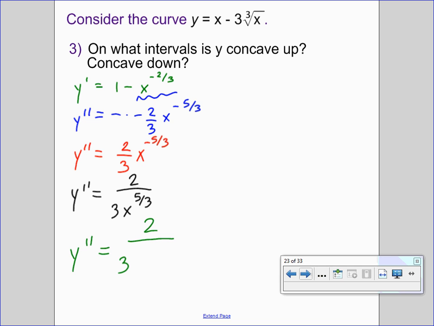As a radical notation, this would be fifth root or cube root? Cube root of x to the fifth, right? We could break that up into x outside and x squared inside, or we could just do x to the fifth inside. Let's see, I get cube root of x to the fifth.